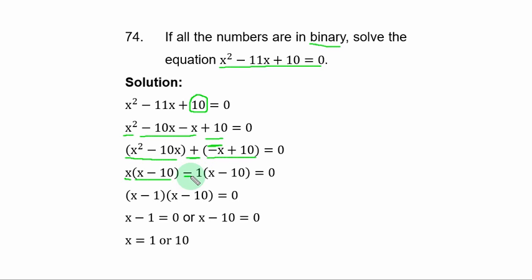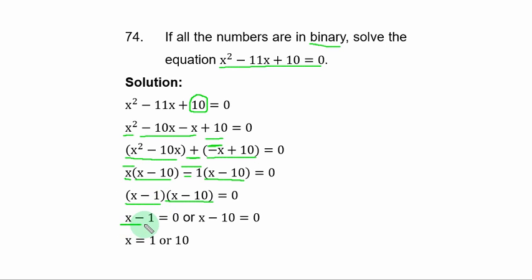Looking at s and 10, nothing is common except 1. So you have minus 1. If you divide through by minus 1, you have s minus 10. Clearly, s minus 10 is common. Then you have s minus 1 remaining that forms the other group. You equate each group to 0.